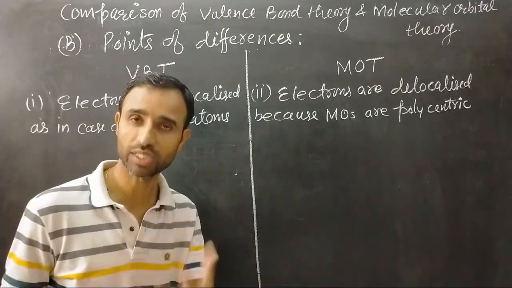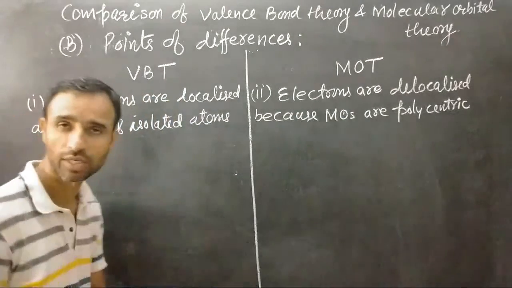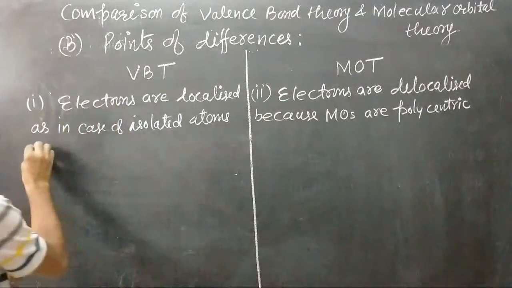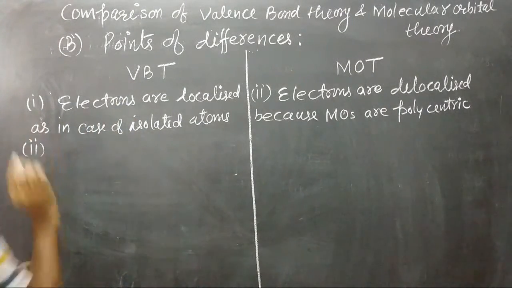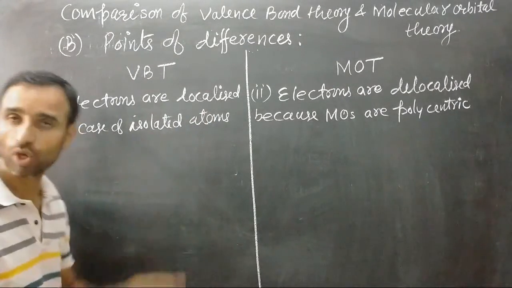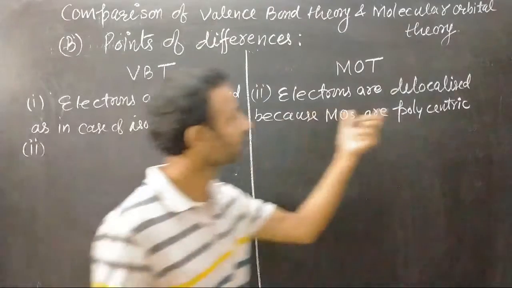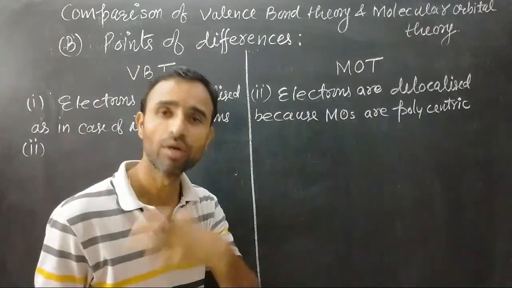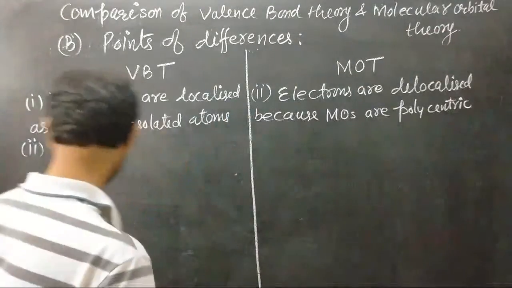Okay, that space is considered. But in this case, the space around the nuclei is considered. Okay. Second point. Here electrons are localized, as in case of isolated atoms. Here electrons are delocalized because molecular orbitals are polycentric.